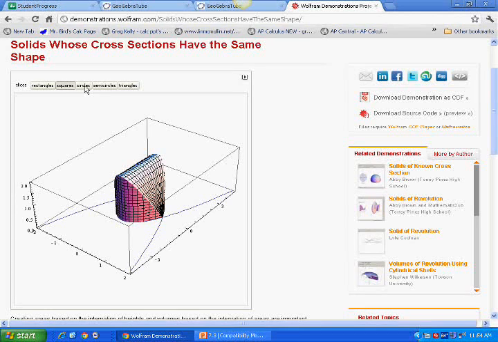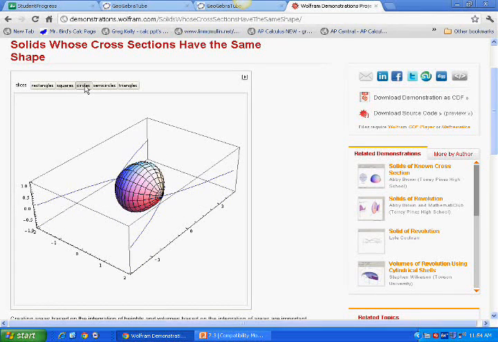Let's look and see what circles look like inside of this. So here are circles. All my slices of bread are each a circle. So pi r squared. My radius would be half the distance of the top minus the bottom function.